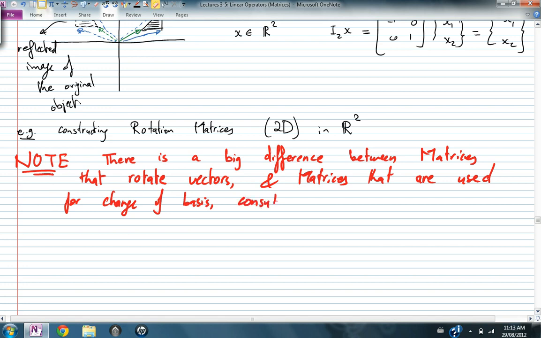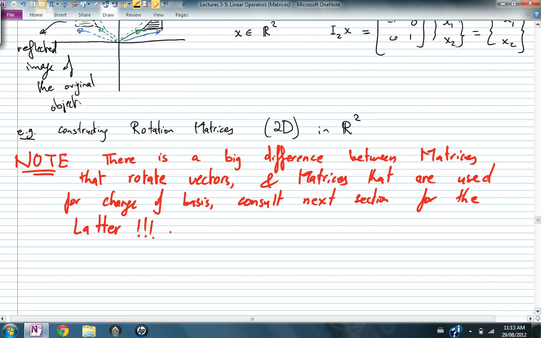Consult the next section for the latter. Here we're doing an example in the rotation.